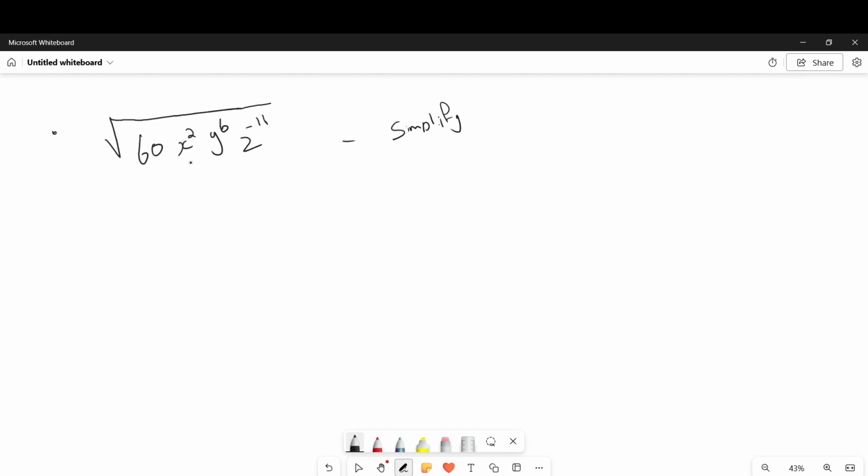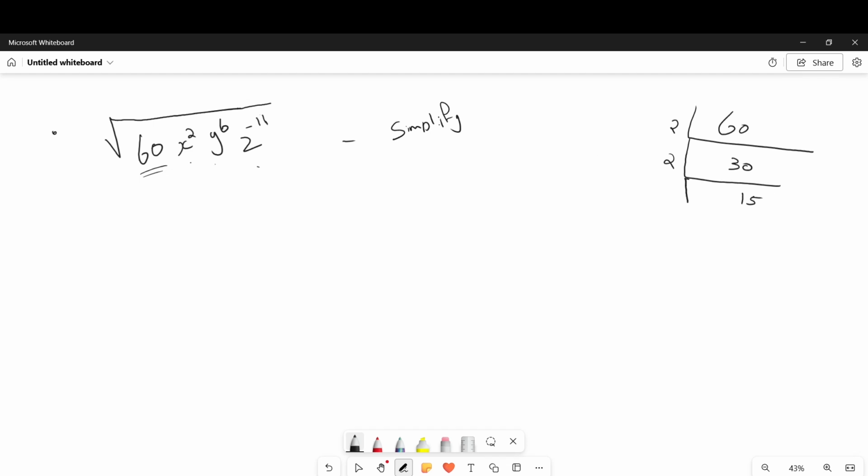So before we do that, we need to find the perfect squares. There are variables x, y, z here, and here is a number 60. So 60 we need to factor out. So let's factorize 60 here. We write 60 divided by 2 is 30. Again 30 divided by 2 is 15.